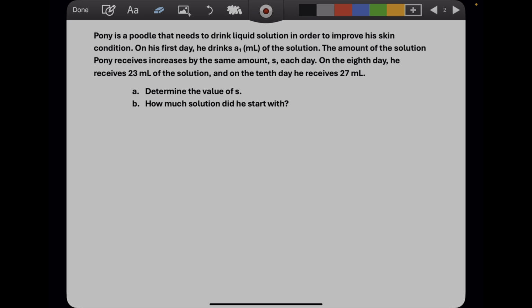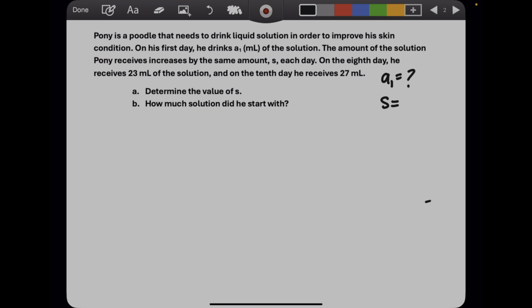Now let's break this down. The problem gives us a few key pieces of information. We don't know the initial amount, a sub 1, so that's our first unknown. The amount increases by the same value S each day. This is our common difference. Even though they use the letter S, it's the same concept as D, the common difference.